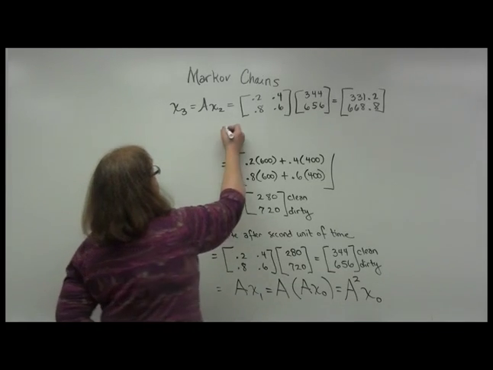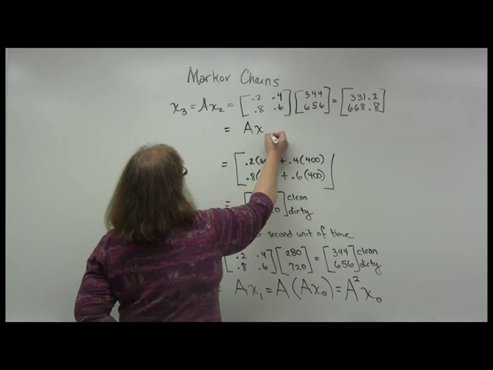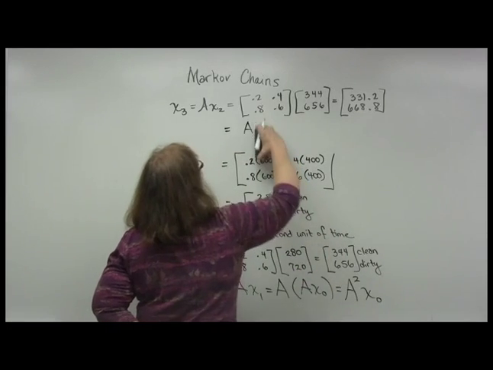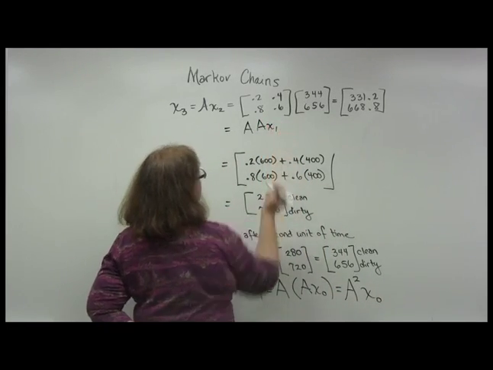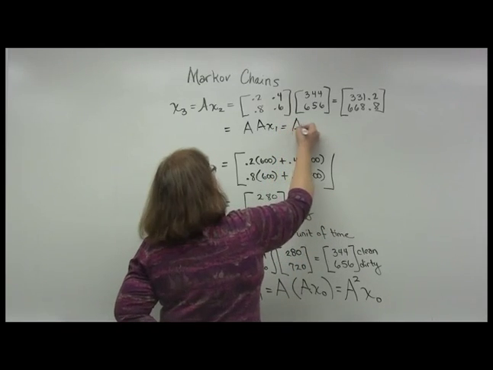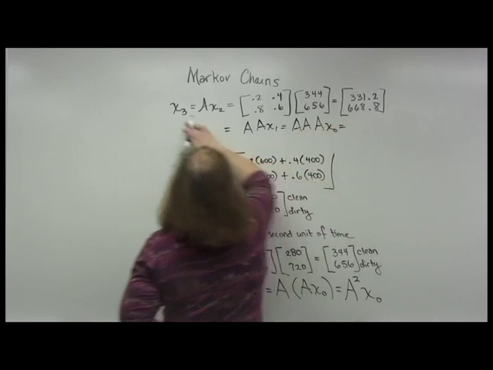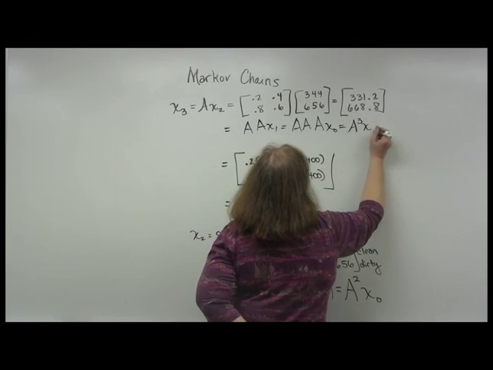And again, if you notice, that was really A times my x sub 2, right? But then x sub 2 was actually A times x sub 1, but then x sub 1 was actually A times x sub 0. So in other words, x sub 3 is really A cubed x sub 0.